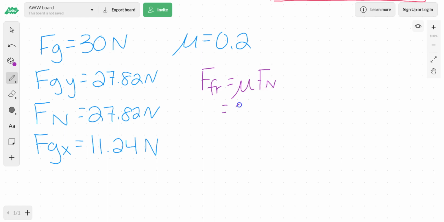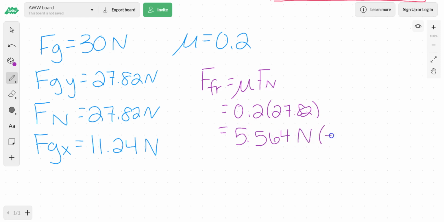All right, and coefficient is 0.2. The normal force we already calculated, 27.82. So that means that our force of friction is going to be 5.564 newtons. And this is opposite the direction of motion, so it's technically negative x.